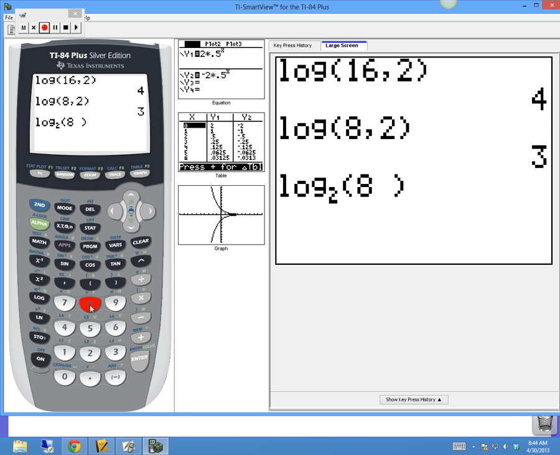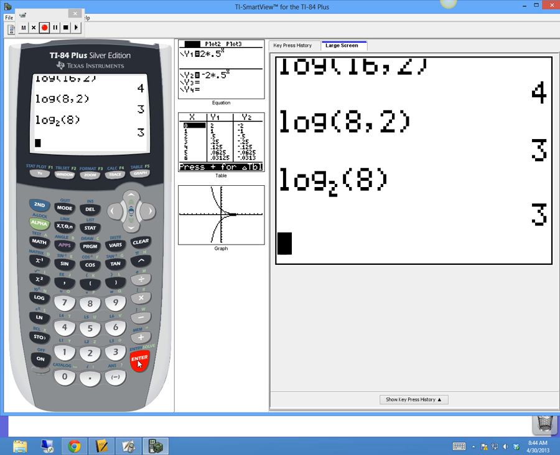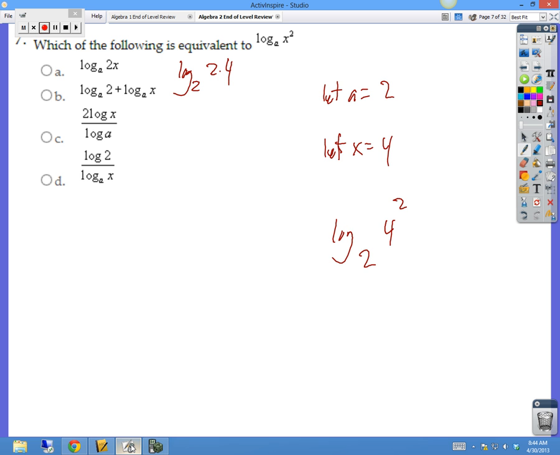But that's the same way as writing it above how we did it. So anyway, street smarts: you just choose a number for A and X, and if you keep that constant on each of the 4, you plug them in until you find out which one's going to match up.